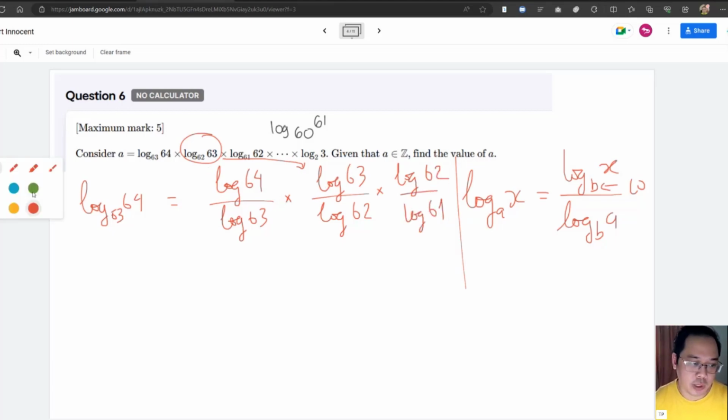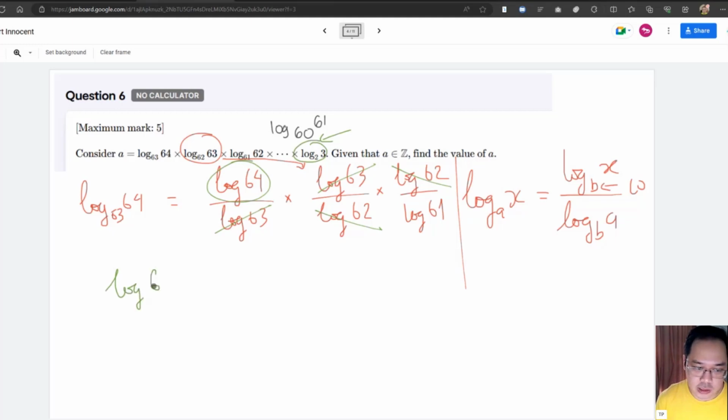So this one cancels out this one, this one cancels out this one, and so on. Therefore, lastly, we have only the first term and the bottom of the last term. The top of the first term is log of 64, and the bottom of the last term is log of 2. So this is the final answer.